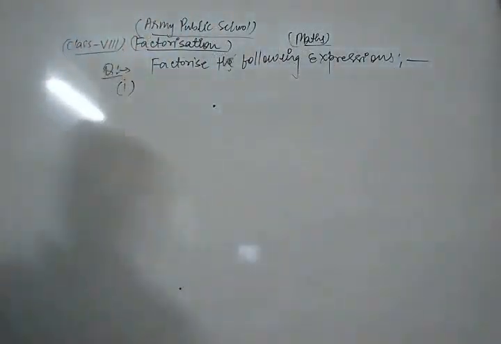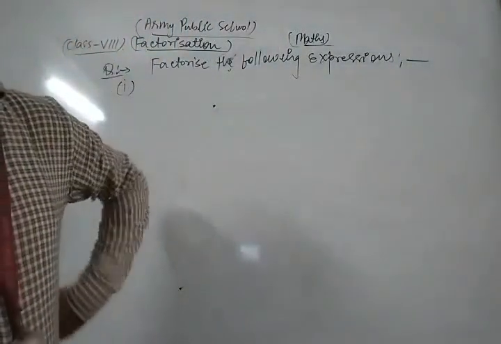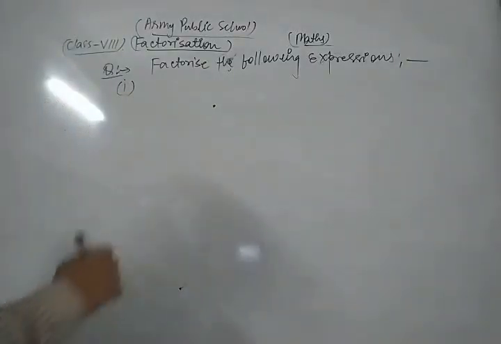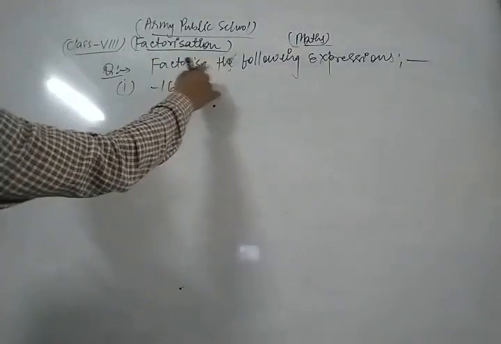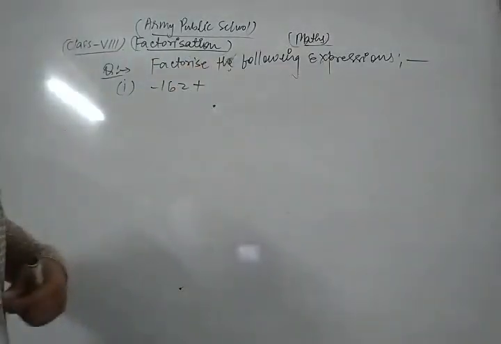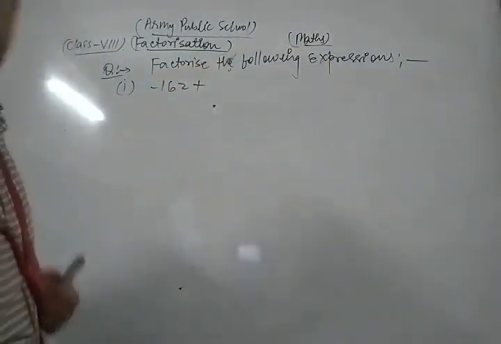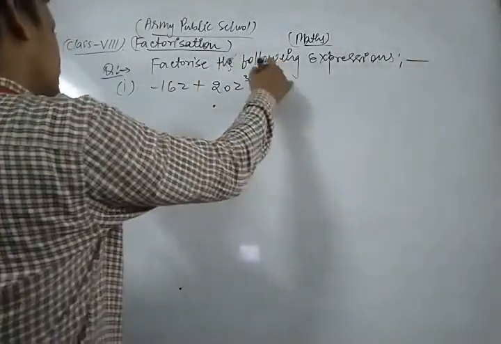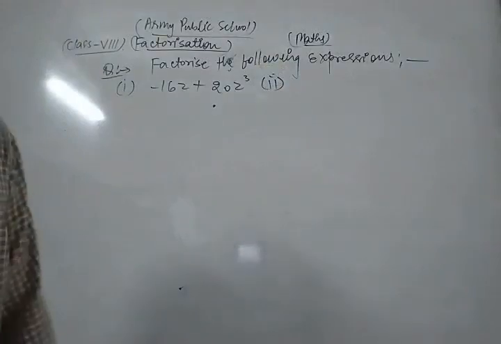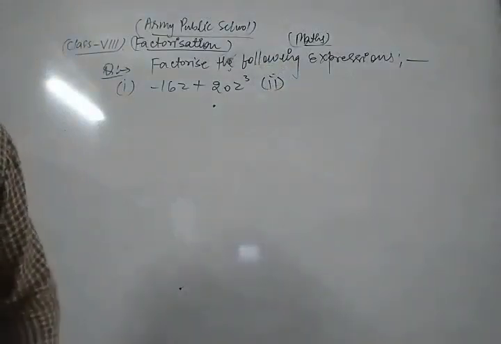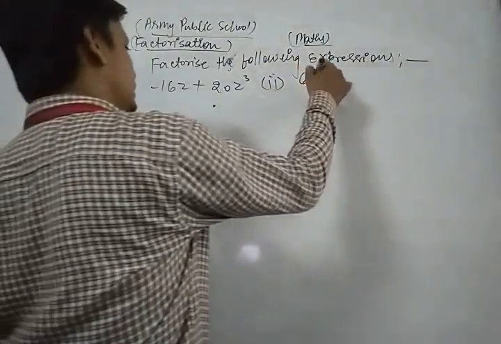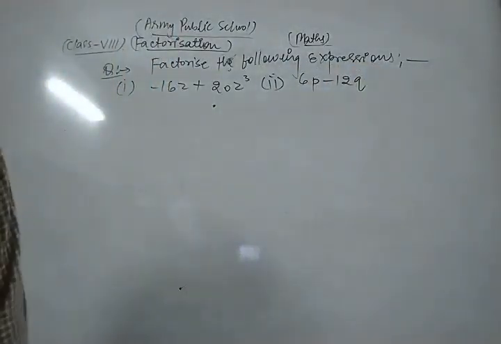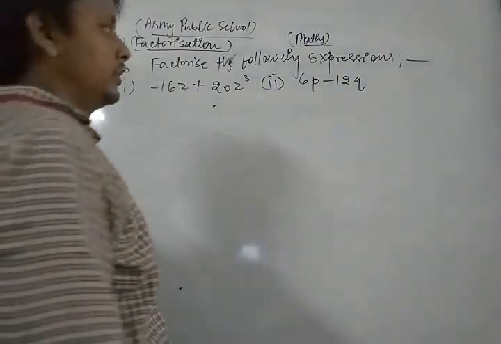The first part of this question is minus 16z plus 20z cube. Second one, 6p minus 12q.